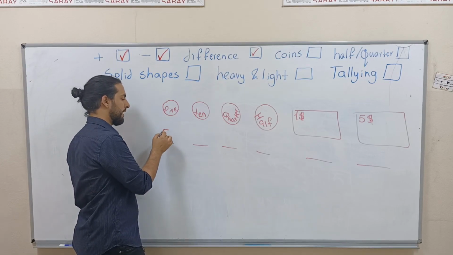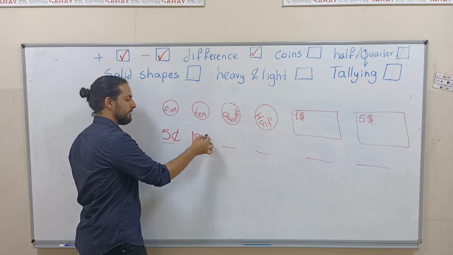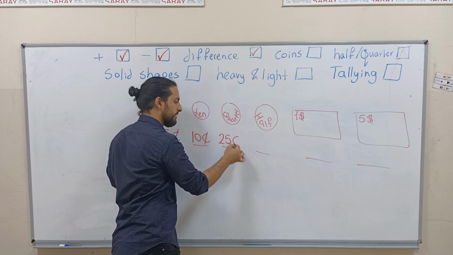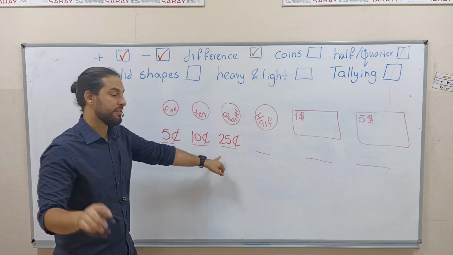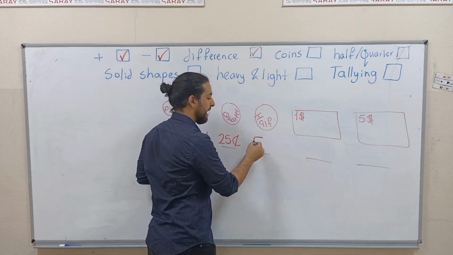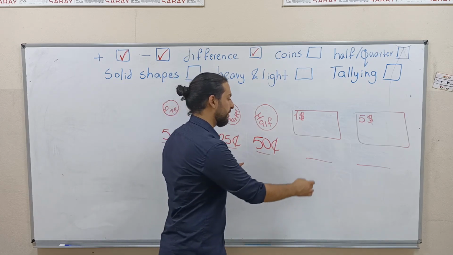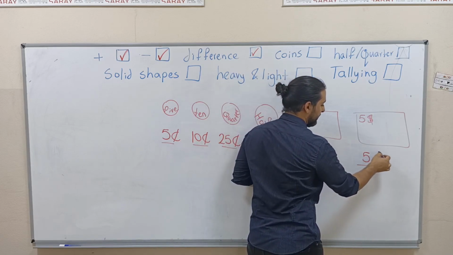So you can just write 5 cents, 10 cents, 25 cents. Quarter is 25 cents. That's one thing you have to remember. So quarter is 25 cents. Half is 50 cents. Then you have $1. Then you have $5.